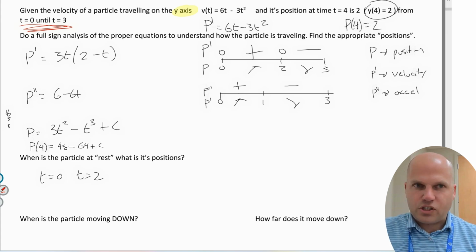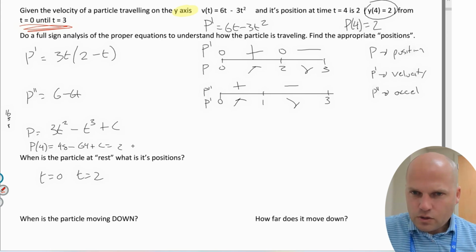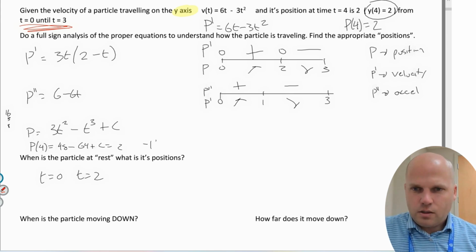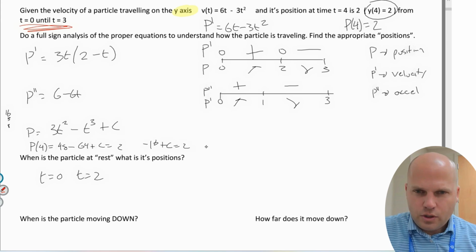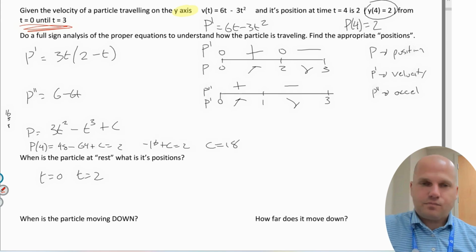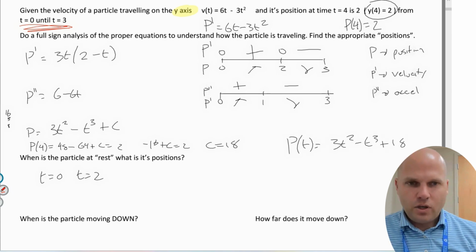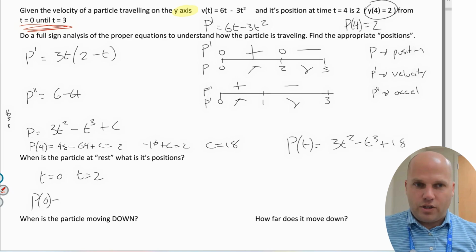Minus 64 plus c equals 2. So this is negative 16 plus c equals 2. C equals 18. My position function at time t is 3t squared minus t cubed plus 18. My position at time 0 is 18.